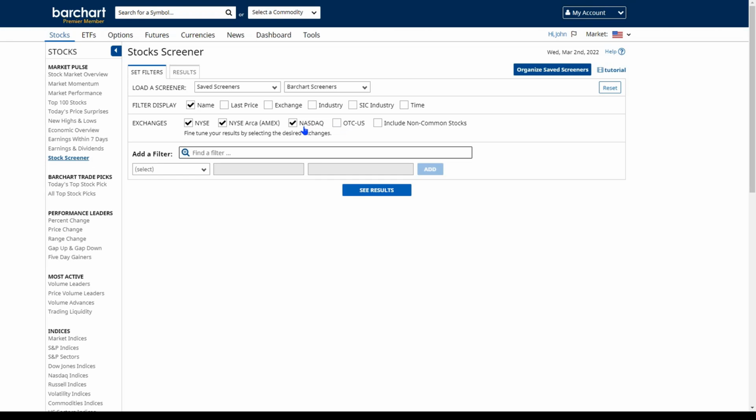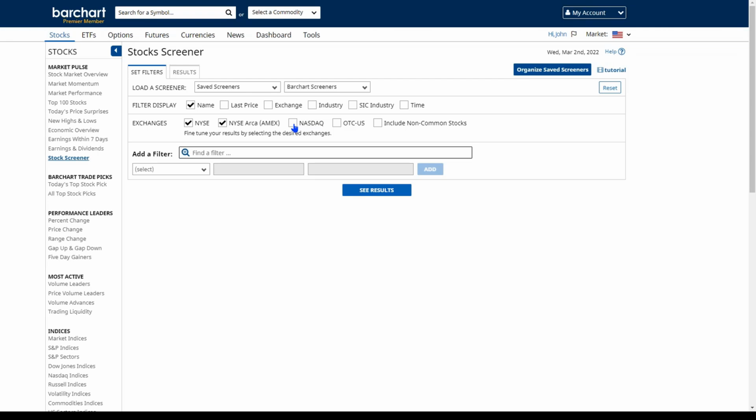Are there large caps in NASDAQ? For sure there is. Are NASDAQ stocks momentum stocks? For sure they are. But for demonstration purposes today, I'm going to eliminate the NASDAQ, and I'm just going to concentrate on the New York Stock Exchange and the Amex or S&P type stocks, large cap stocks for this demonstration.